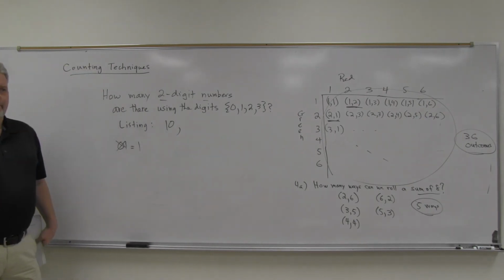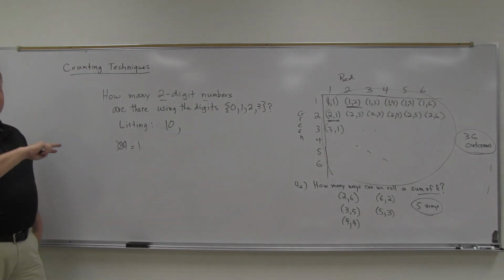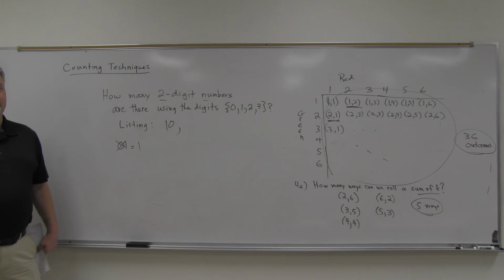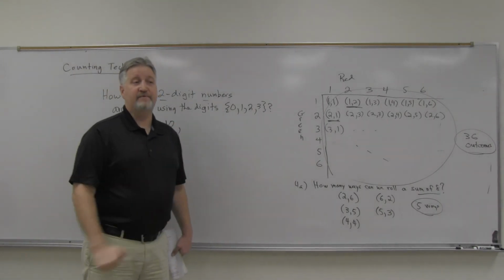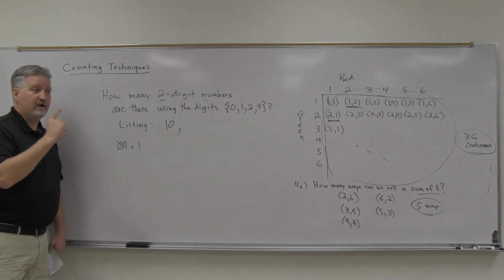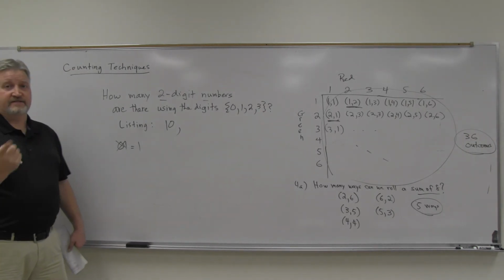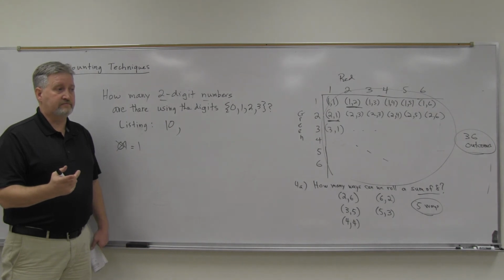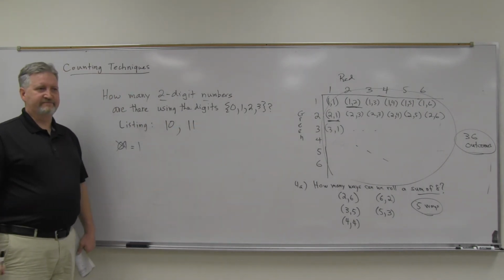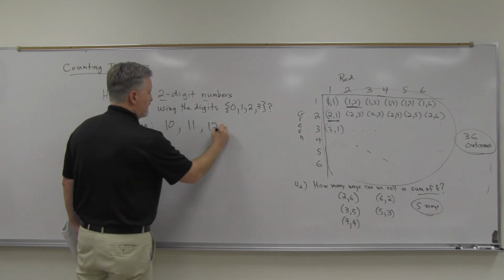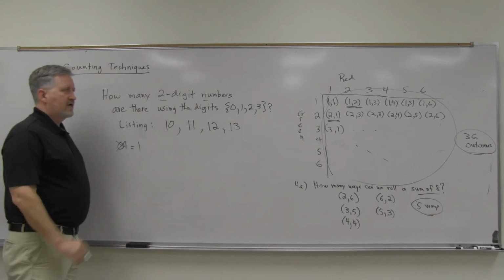All right, then the second point to make here is, unless it says you cannot use repetitions, or it doesn't imply that you can't, you can use repetitions. So another possibility is 11, and then 12, and then 13. And so here's my system.